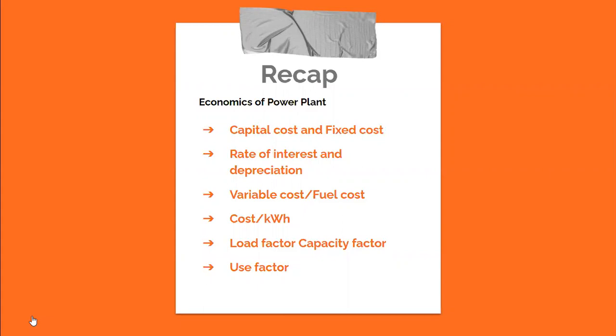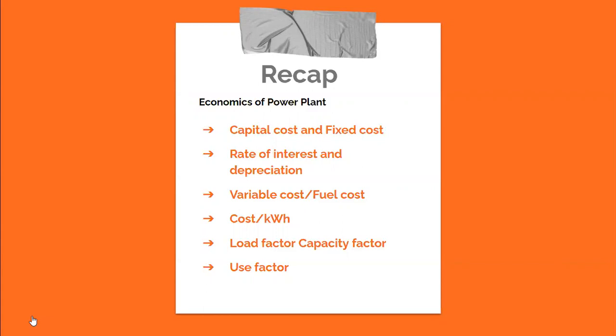Another important component of the cost per unit of electricity generated is the variable cost. And we said that the variable cost is influenced by the cost of the fuel which is consumed. This is especially true for a power plant which consumes fossil fuel, for example, a coal-based power plant. Obviously, this would not be a major factor for renewables, where we don't have fuel consumption per se.